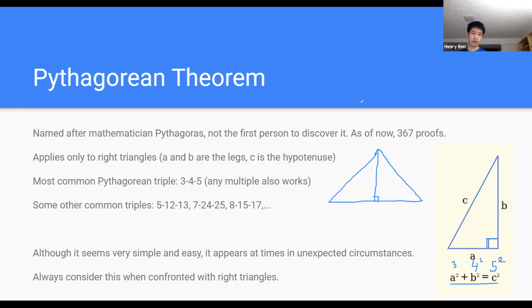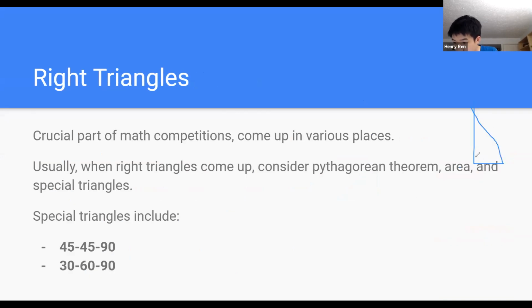In right triangles especially, area is really easy. You just multiply the two legs together and divide by 2. It's the easiest case where you can prove that base times height over 2 is the area of a triangle.